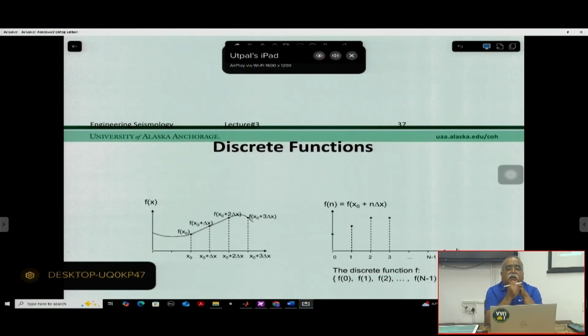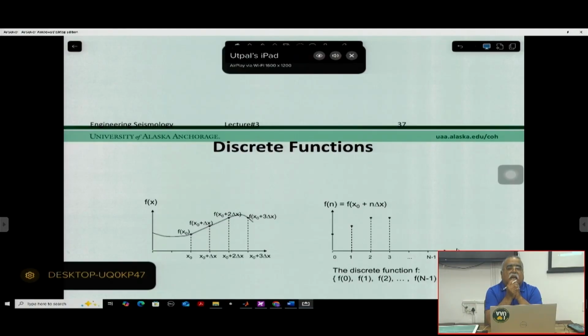It gets amplified due to the low velocity sediments present compared to the rock. And so that amplification is actually reflected in the recorded signal. So the recorded signal is also modified based on the type of the sediment present at that particular site.